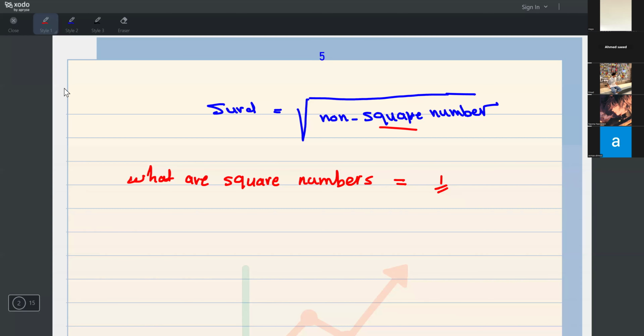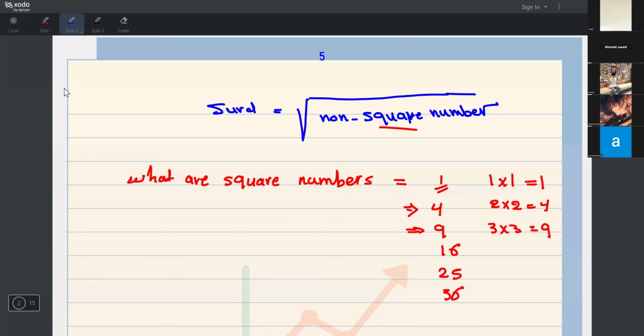Yes, 1 times 1 is 1. Does 4 have a square root? Yes, 2 times 2 is 4. Does 9? Yes, 3 times 3 is 9. And 16, 25, 36 and so on. All of these are square numbers.